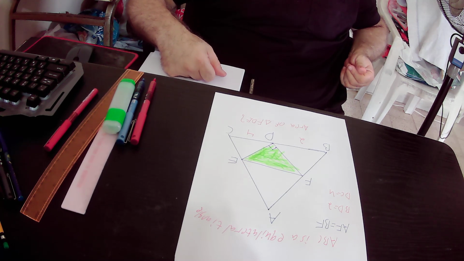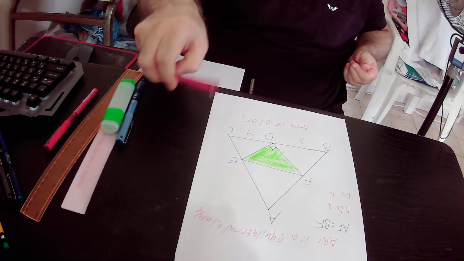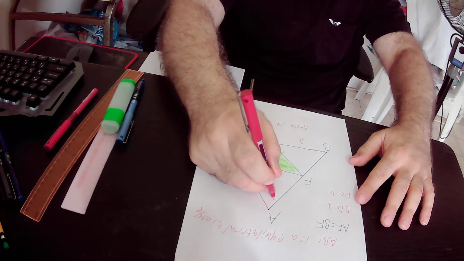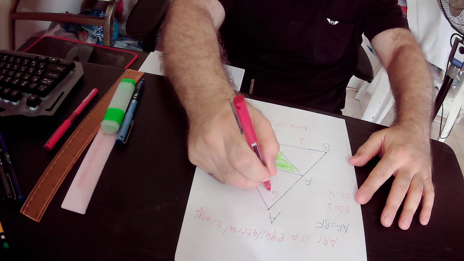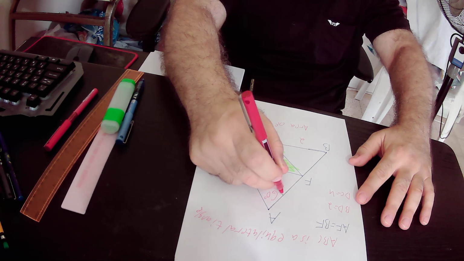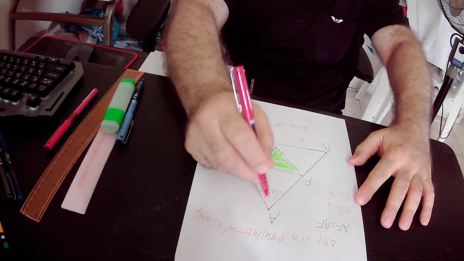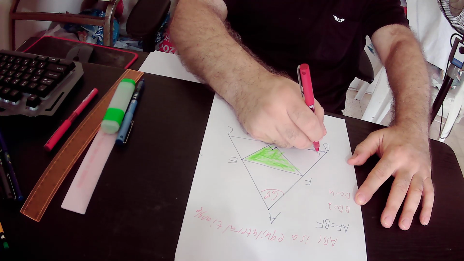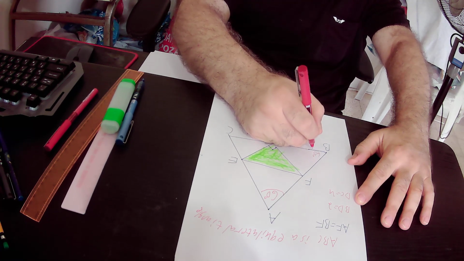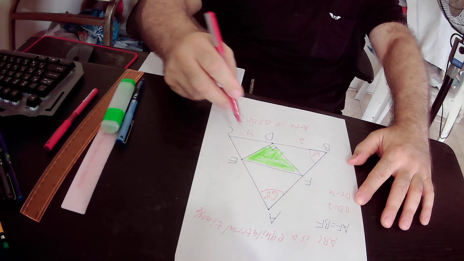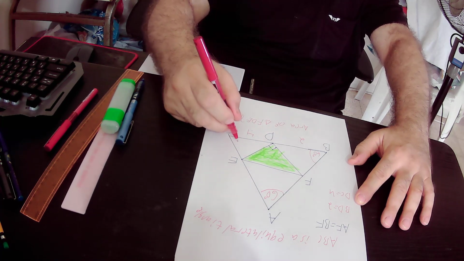First of all, all the angles of an equilateral triangle equal 60 degrees. So angle BAC equals 60 degrees, and also angle ABC equals 60 degrees, and also angle ACB equals 60 degrees.